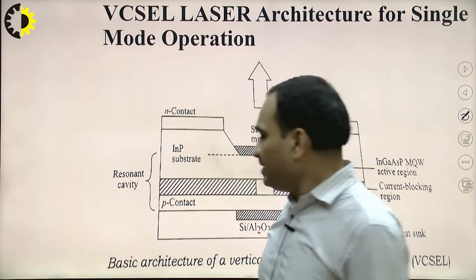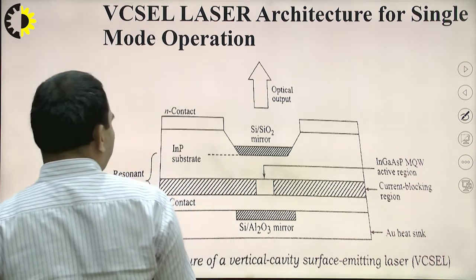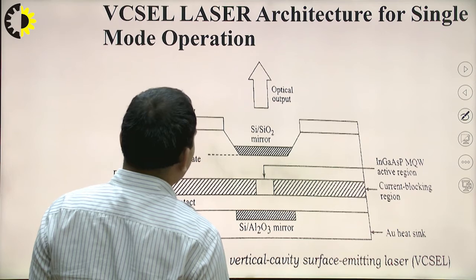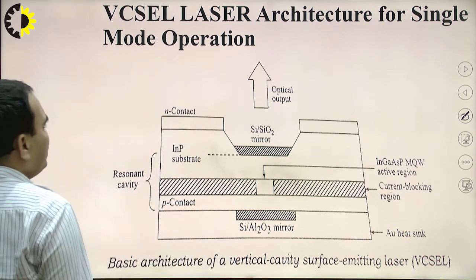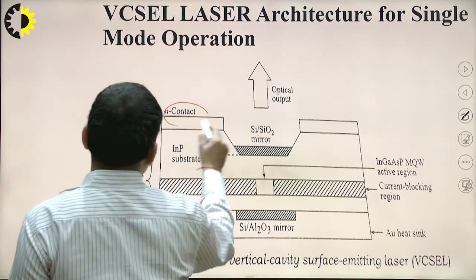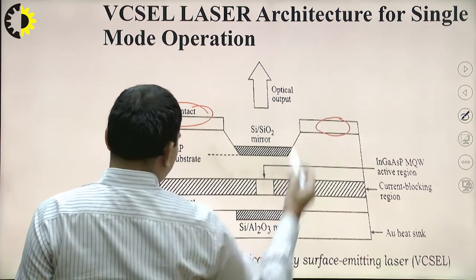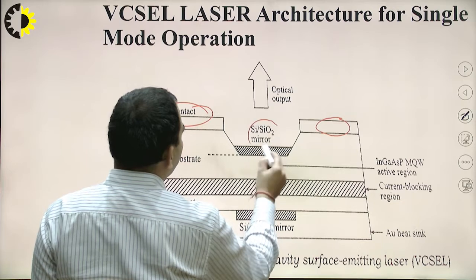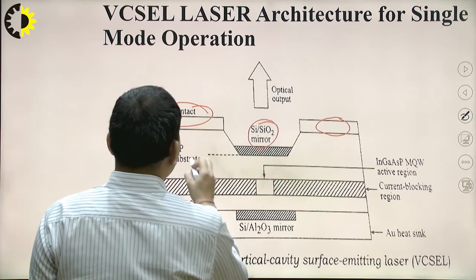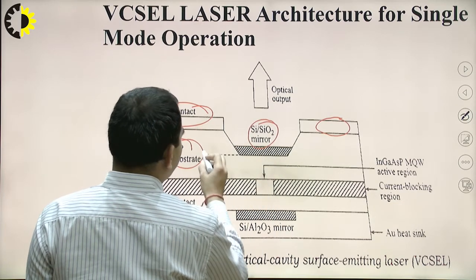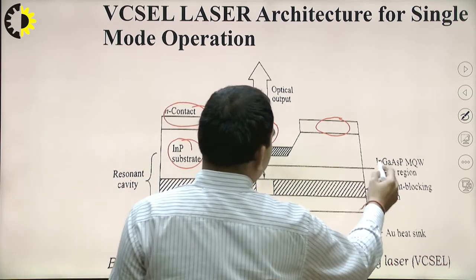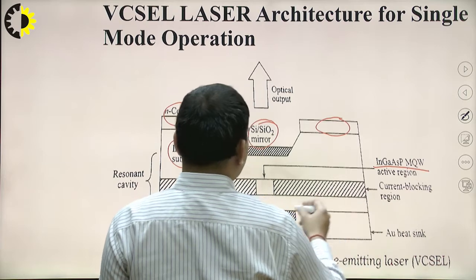As we can see, this is the basic architecture of the vertical cavity surface emitting laser, that is VCSEL. Here we have the contacts on the top, the SiO2 mirrors, and the indium phosphide substrate, and in between we have the indium gallium arsenide phosphide MQW active region.